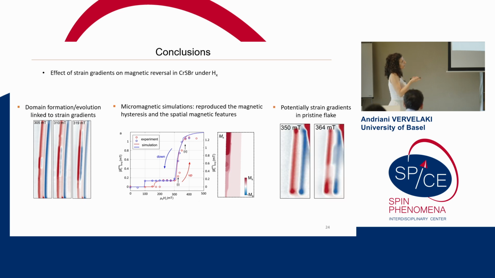And finally, we also think that, okay, there could be other effects as well, but maybe the behavior of the pristine flake is also affected by strain gradients that could, in principle, be produced through the exfoliation and fabrication, also when we're stacking materials. We know that this can all affect the behavior.